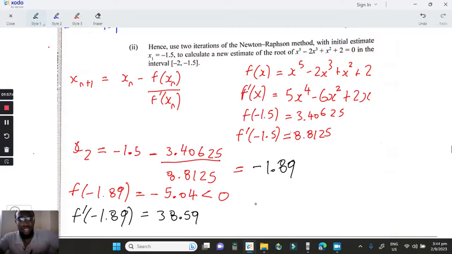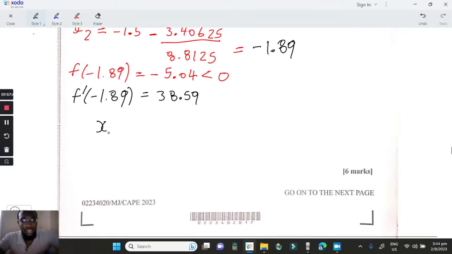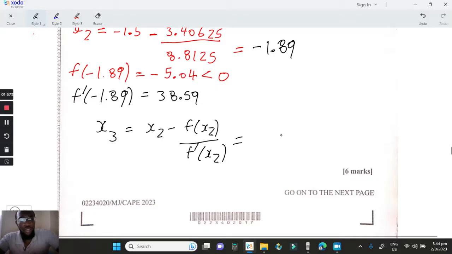So 38.59. So in that case now, our third approximated root x3, which we know is x2 minus f of x2 over f prime of x2, is negative 1.89 minus negative 5.04 over 38.59.